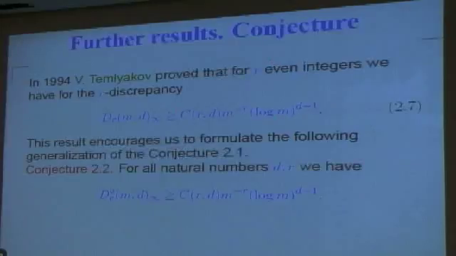So this is exactly like the Beck and Chen conjecture would suggest if we extend that conjecture. Because in the case R equals 1, that conjecture states that it should be m to the negative 1 and this log to the exponent d minus 1. But in case of even integers, it is proved now. So we know that this is the result.